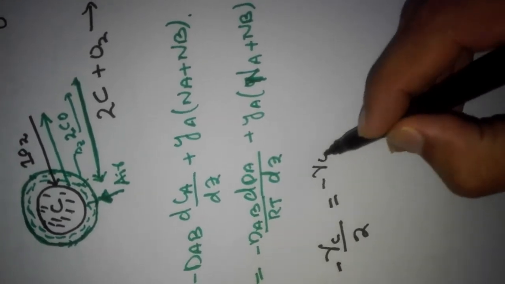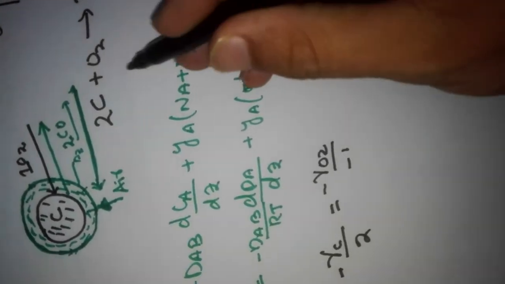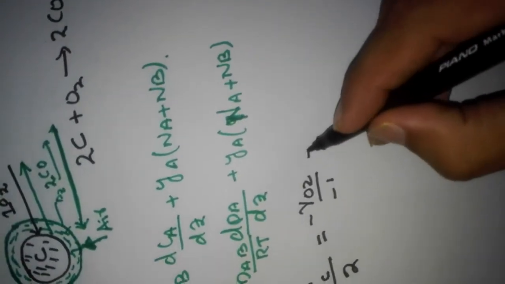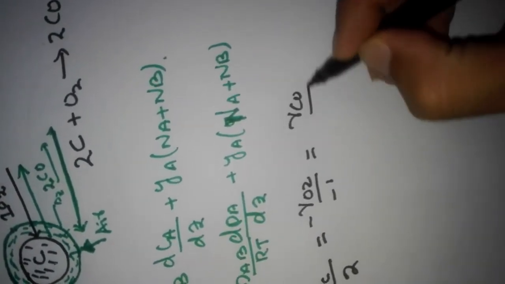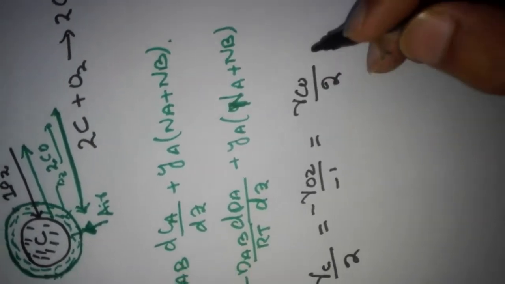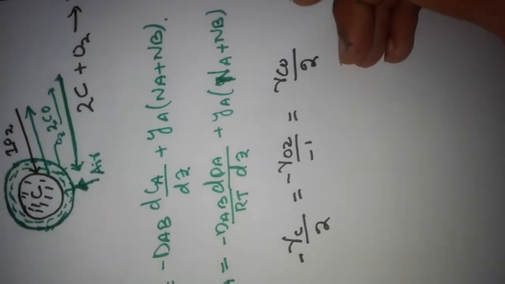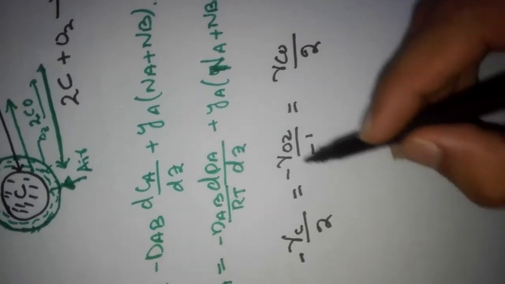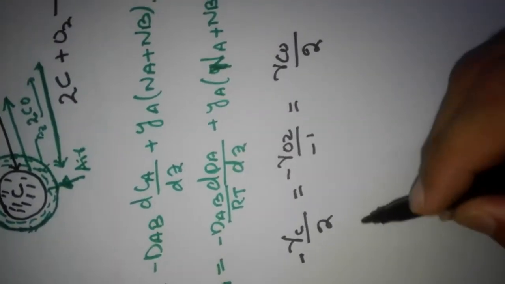Similarly for oxygen the coefficient is 1, and for carbon monoxide the coefficient is 2, and for the product the rate is positive. So there is a relation between oxygen and carbon monoxide, so we will discuss these two.